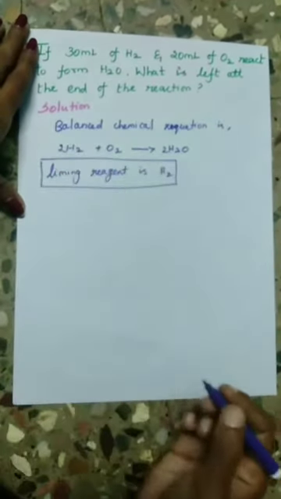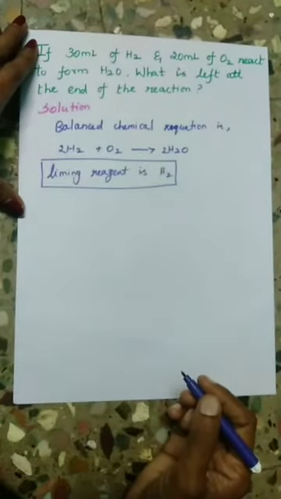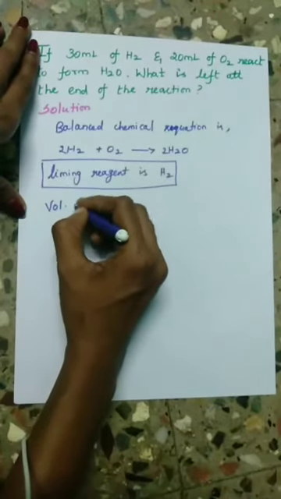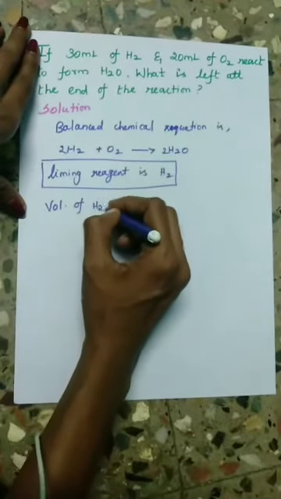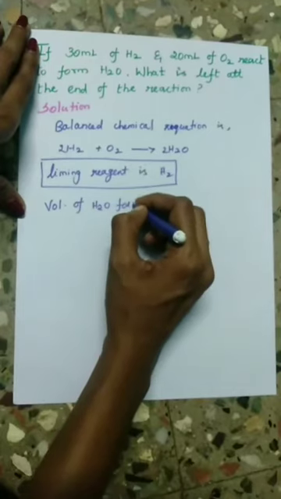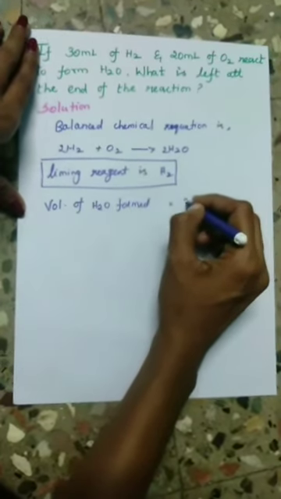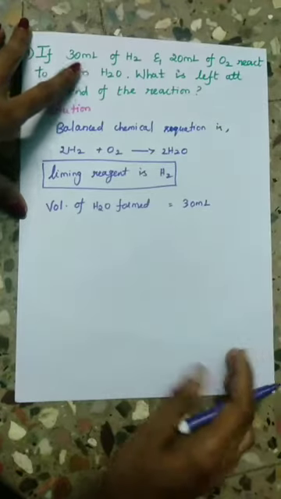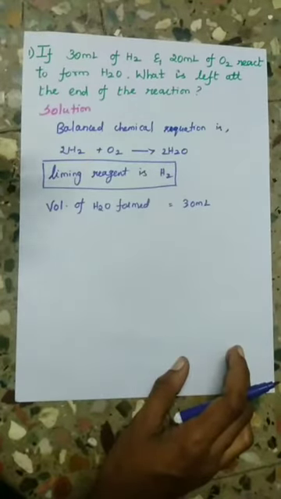So the volume of water formed is 30 ml. Correct. So oxygen utilized is 15 ml only.